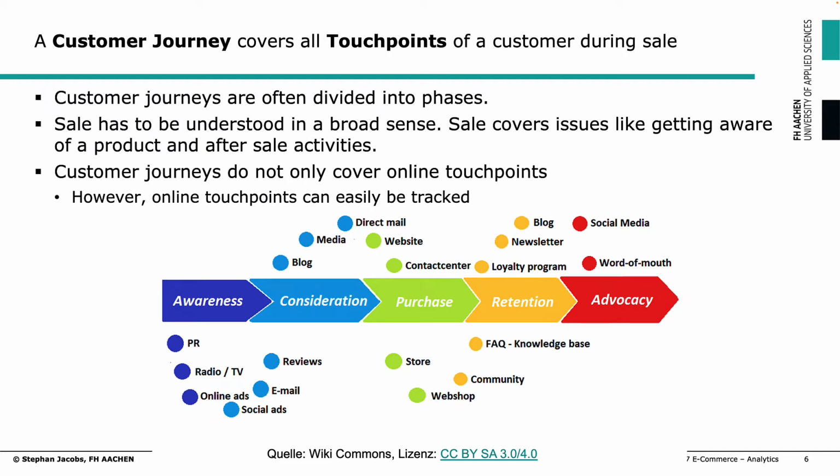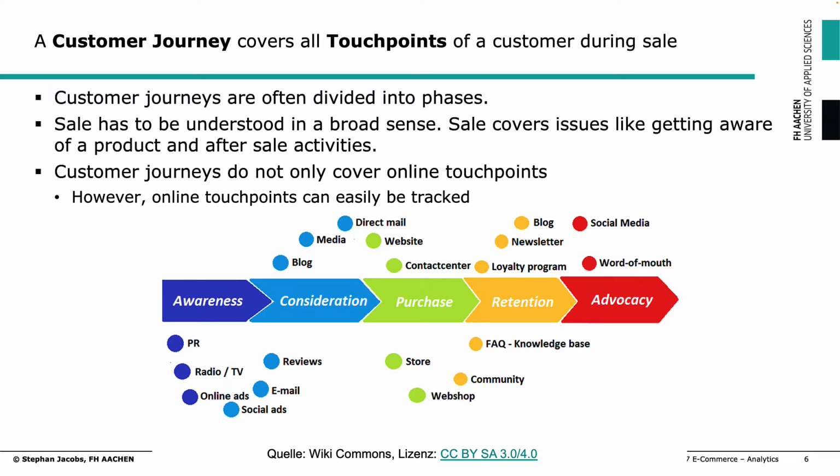If you go through the internet and Google for images about customer journey, you will find different images, but they're all quite similar to the one you see here. Typically, a customer journey is built up out of phases. So you start, for example, with awareness and you end up with advocacy. However, the number of phases and the names of the phases differ by model. The touch points are points.